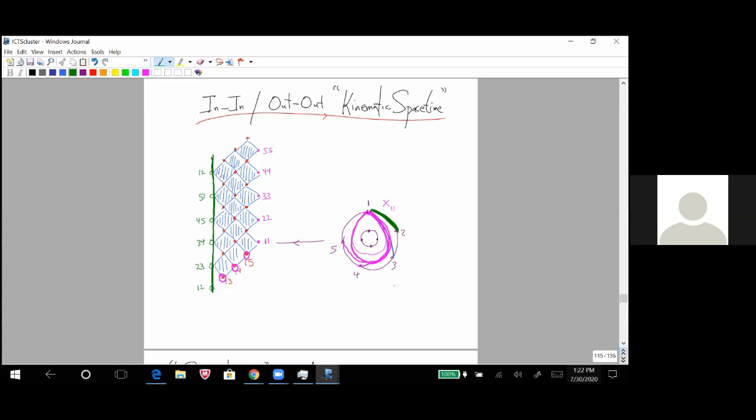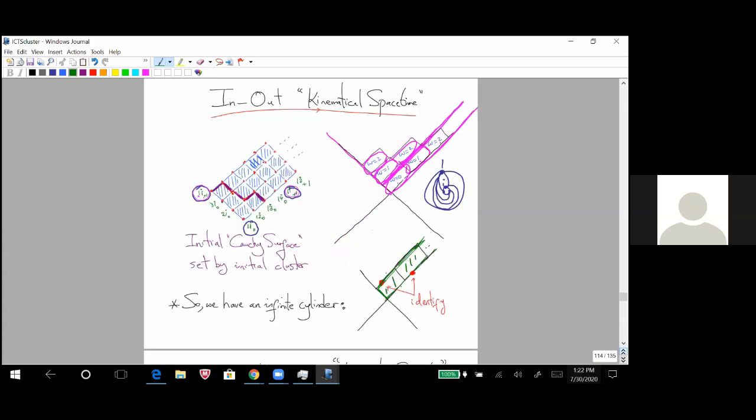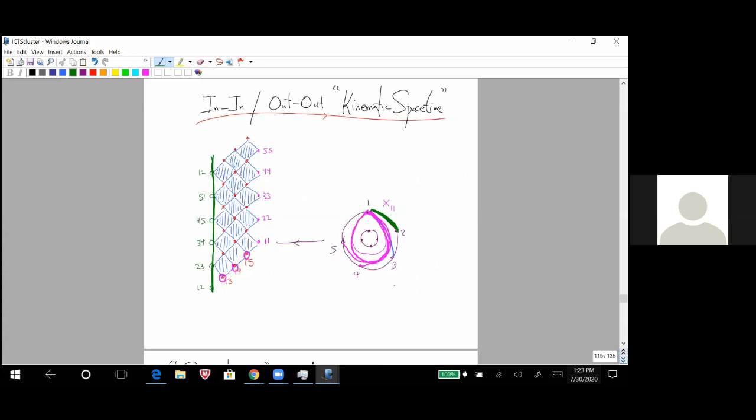All right, so we have a kinematical spacetime for the in-out variables, which are these infinite cylinders with the winding, and we have this kinematical spacetime for the in and the out variables. And we're always going to do the same thing. We're always writing down the sort of wave equation, the Gauss's law wave equation for the smallest meshes in these pictures, the smallest pixels or meshes in these pictures.